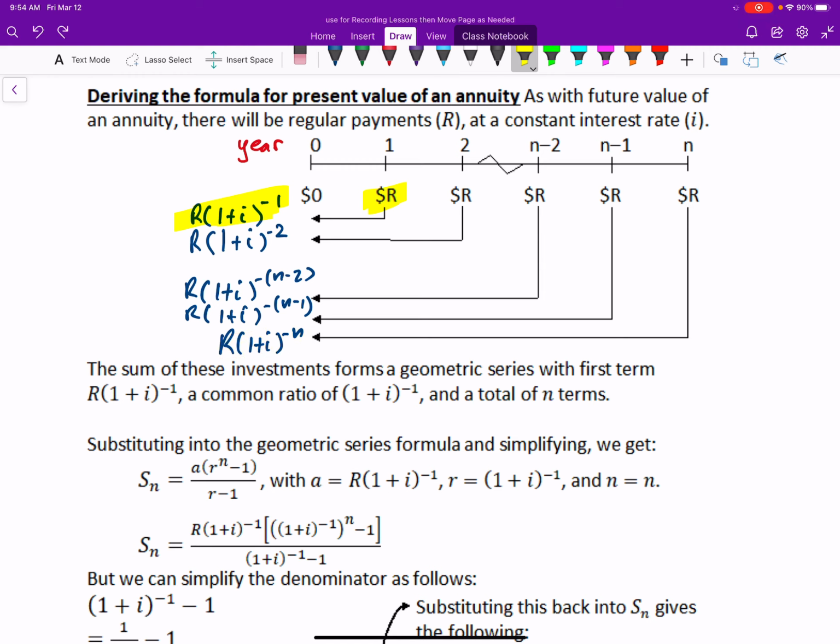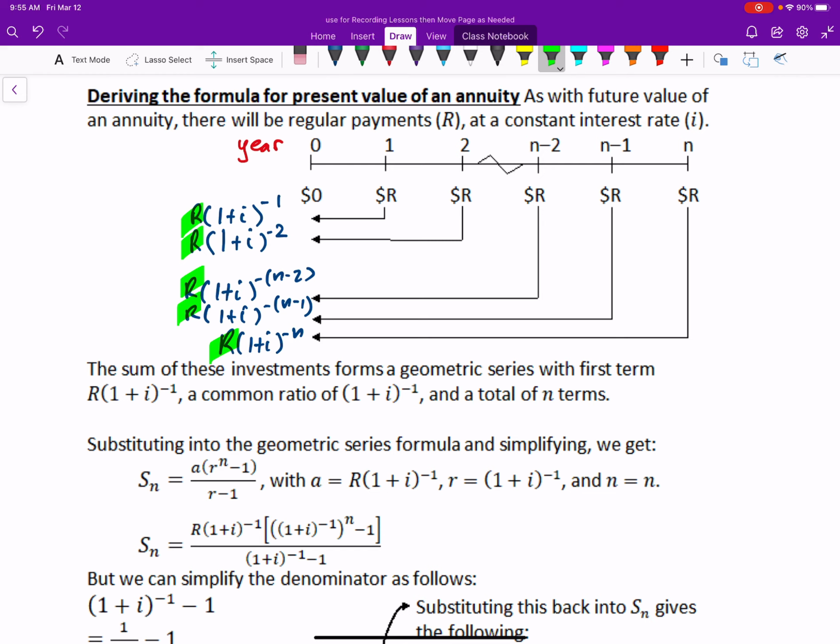So what's the same in each of them? Well, obviously they all have the same amount, whatever R is. So that's my common payment, right? The common ratio that it's growing by, it's a geometric series, and it has a common ratio of (1 plus i) to the negative 1.